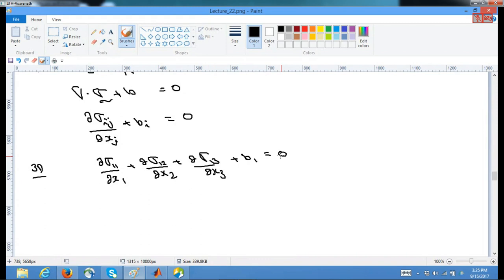This is the force equilibrium in the first direction.